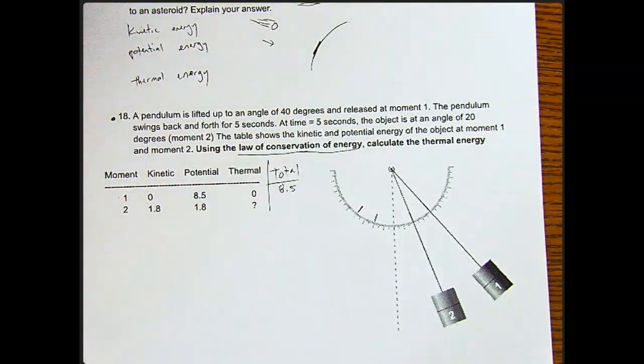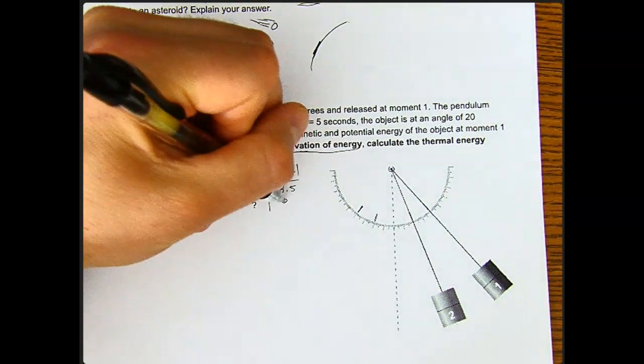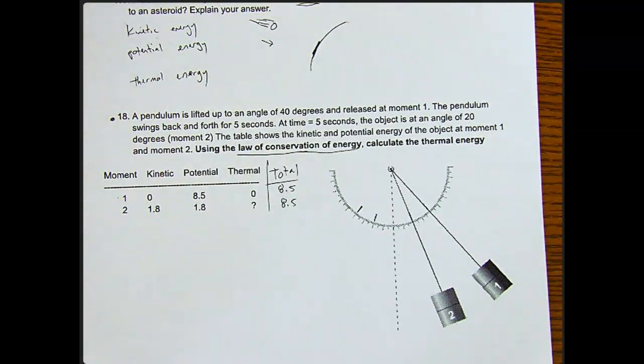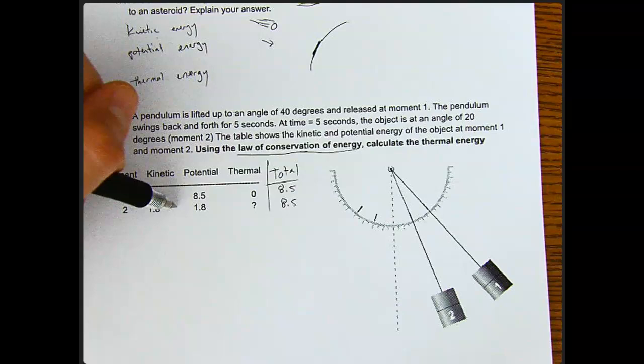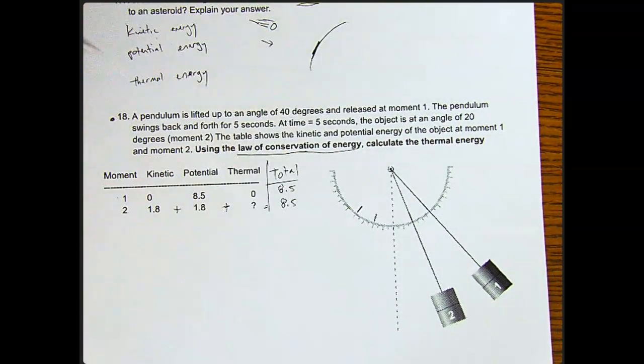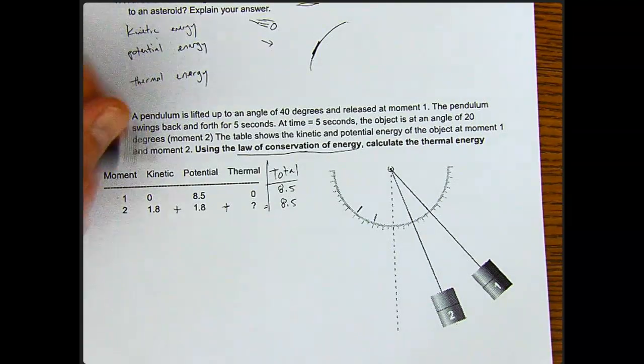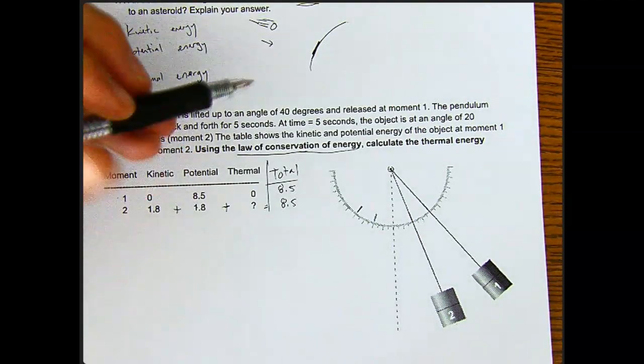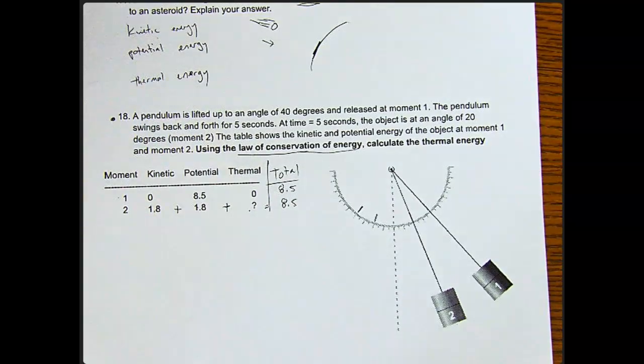If energy can't be created or destroyed, then at moment two, or at any other moment, our energy should be 8.5. That means these three numbers should add up to equal 8.5. So 1.8 plus 1.8 plus something equals 8.5.